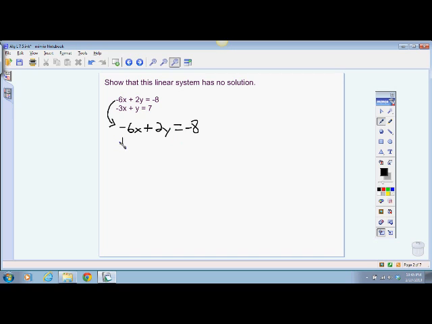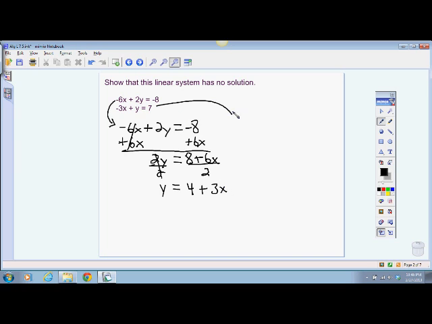So if I put this in slope-intercept form, I add 6x to both sides. And then I will end up dividing each side by 2. And we have y equals, if I divide 8 by 2, I get 4. If I divide 6 by 2, I get 3x.